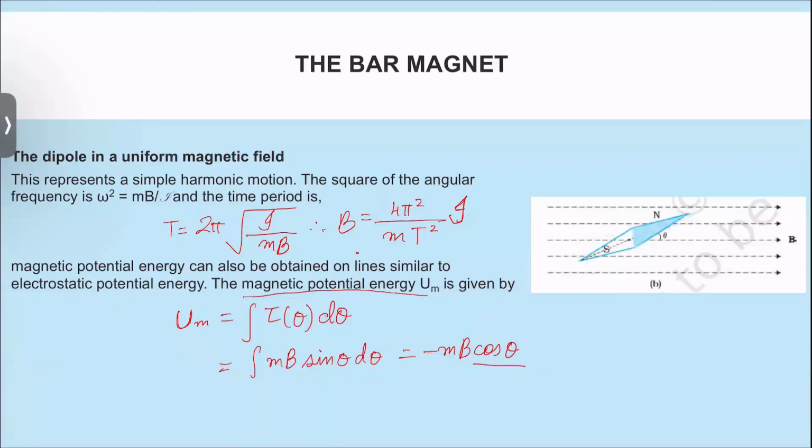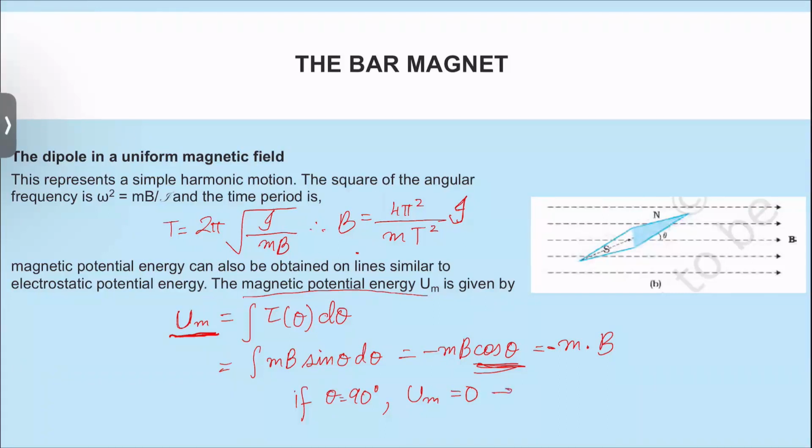Now, since we have cos theta, we can say that the magnetic potential energy is actually a dot product of the magnetic moment and the magnetic field. If we consider theta equal to 90 degrees, the potential energy will become 0.